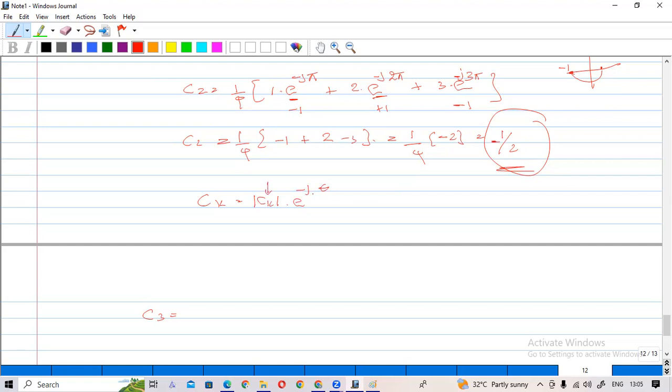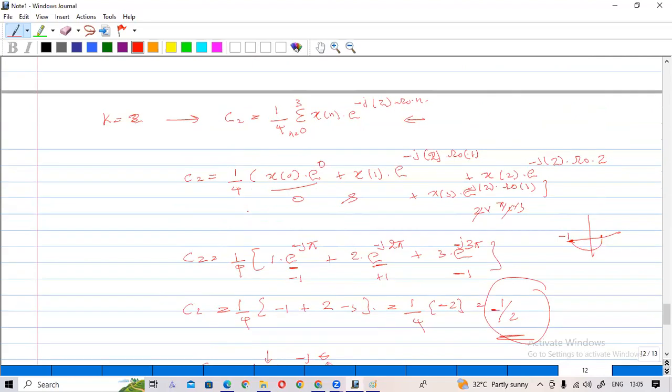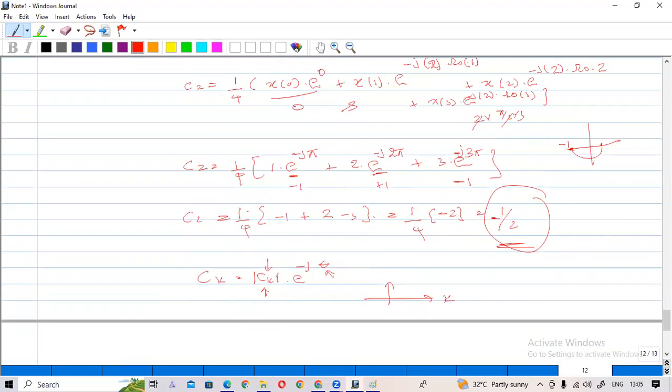So this will be the magnitude and this theta will be the phase of this complex number, okay? So with respect to k, if you plot the magnitude of ck, it will be the magnitude plot. And if you plot the phase, it will be the phase plot, okay? So here you can easily draw the magnitude plot, okay?